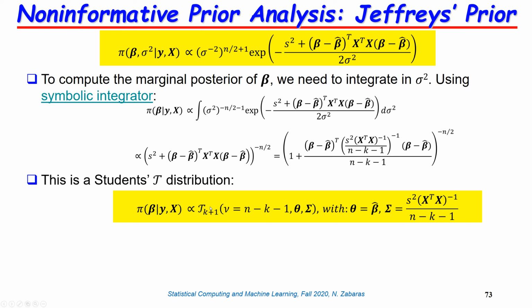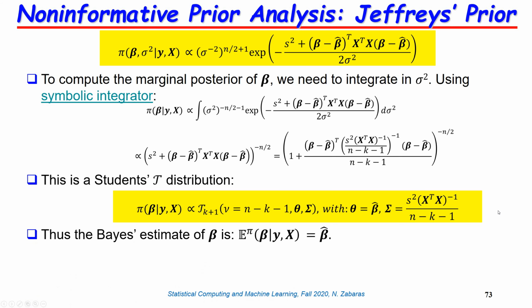The dimensionality is k plus 1, that's the dimensionality of beta. The degrees of freedom are n minus k minus 1. The mean is theta, and this covariance matrix is sigma, and you see the exact values that come out once you do this integration. So if you want the Bayes estimate for beta, it turns out simply to be the MLE estimate.